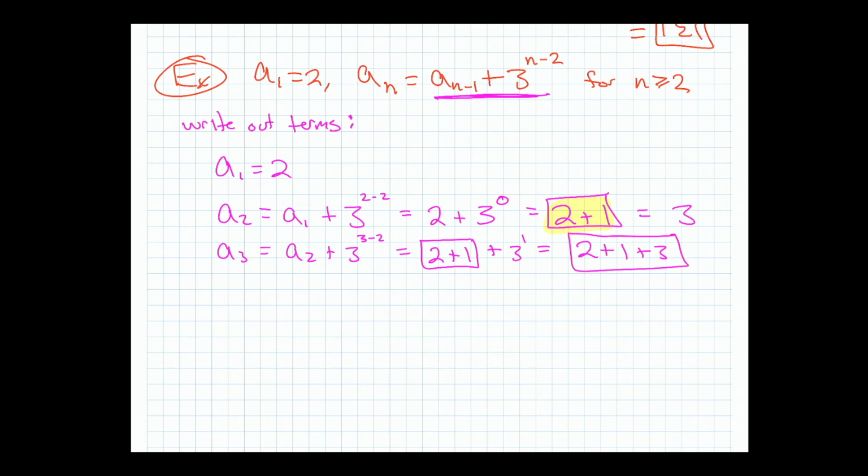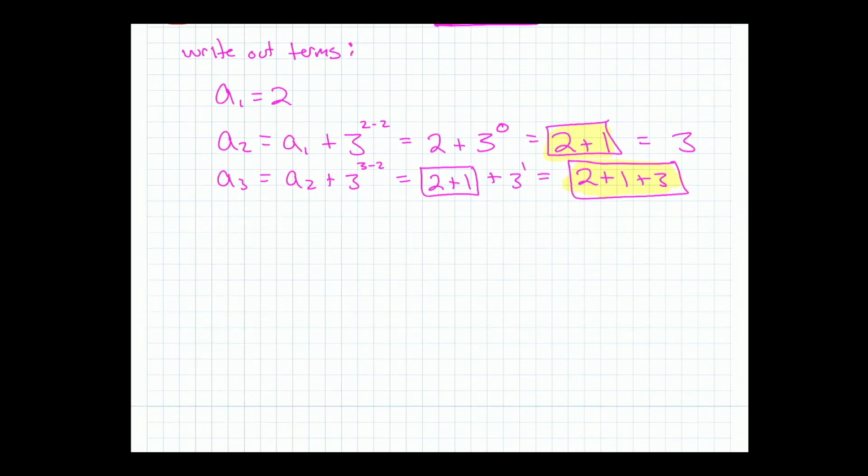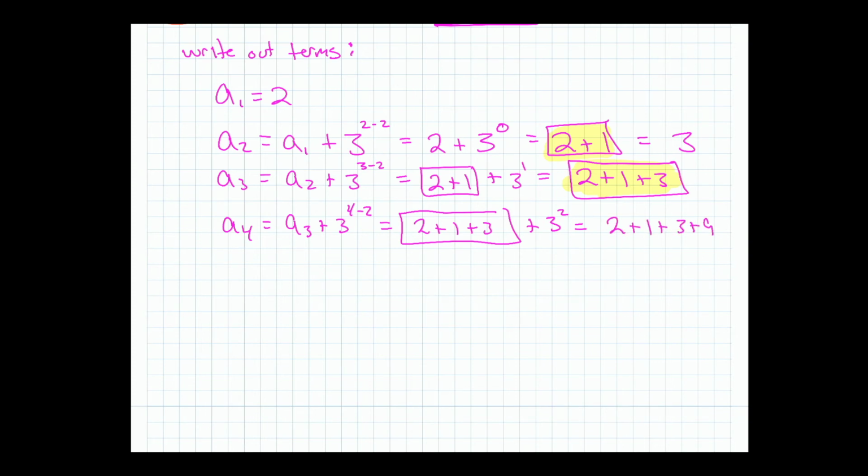And I'm going to leave it in this form. And then A4 is A3 plus 3 to the 4 minus 2. What's A3? It's what I highlighted, 2 plus 1 plus 3, plus 3 to the 4 minus 2, which is 3 squared. So it's 2 plus 1 plus 3 plus 9.